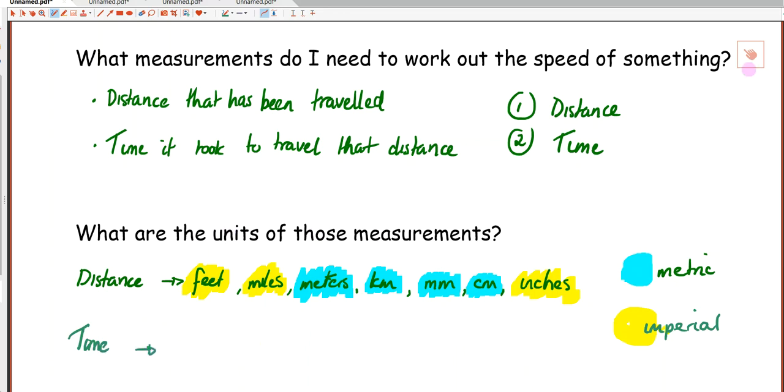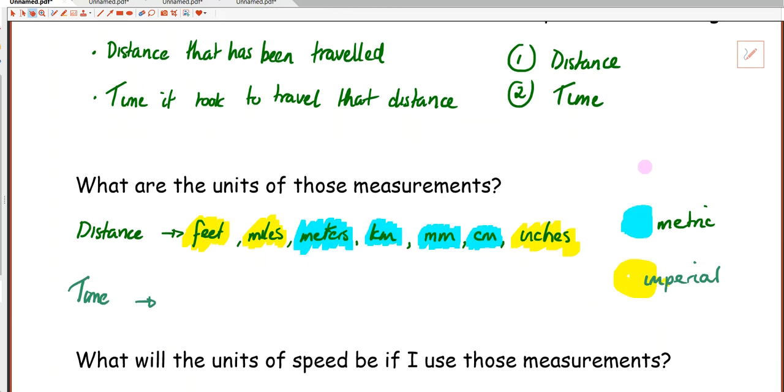What are possible measurements for time? How would I measure time? Go on. Hours. Should we go down from size? Do it in order this time. Hours, then minutes, seconds.